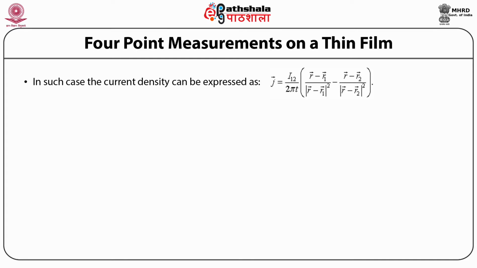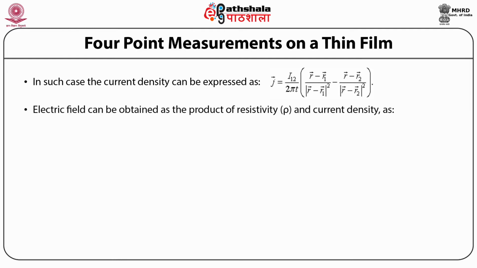into, within the brackets, (vector R minus vector R1) divided by the square of the modulus of (vector R minus vector R1), minus (vector R minus vector R2) divided by the square of the modulus of (vector R minus vector R2). Electric field can be obtained as the product of resistivity ρ and the current density as E = ρJ.